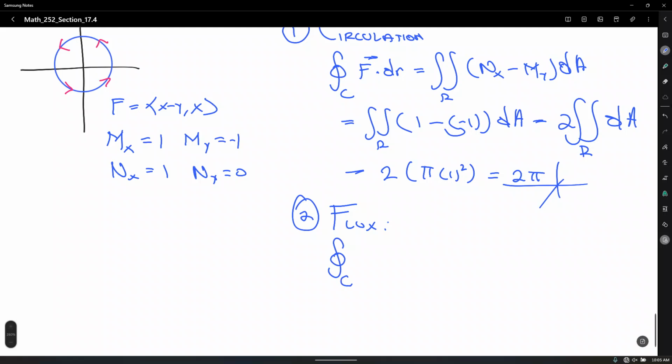We're evaluating the projections in the normal direction along the trajectory. So this is equivalent to evaluating the double integral over the region R, not of the two-dimensional curl, but of the two-dimensional divergence, that is M sub x plus N sub y.